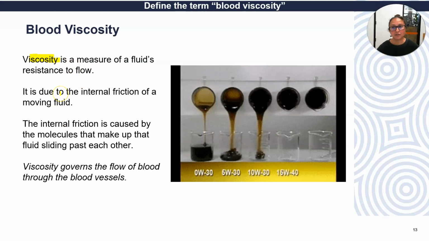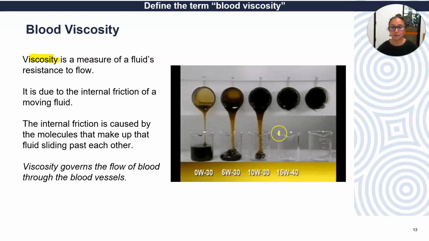Now, you don't need to understand why different substances have different viscosities. You just need to understand what viscosity is. It's just a measure of flow. Now, viscosity or flow is a very, very important concept because blood needs to have the correct viscosity in order to flow through our blood vessels.